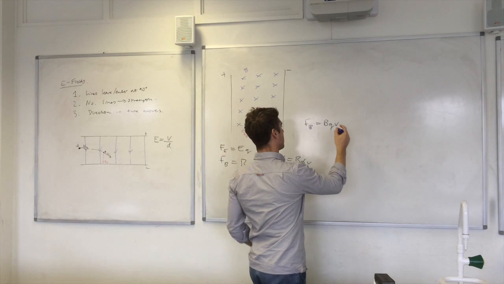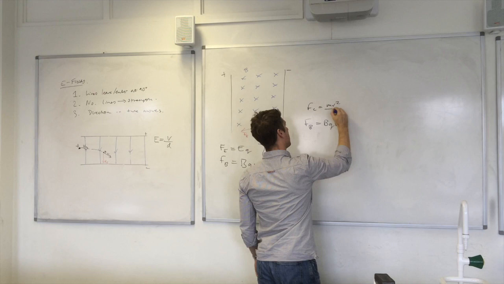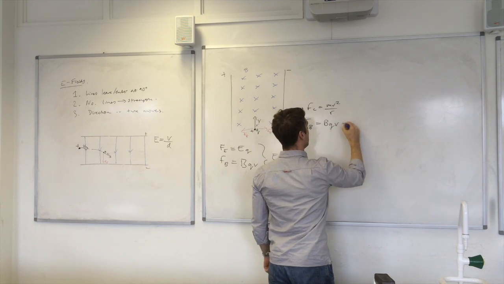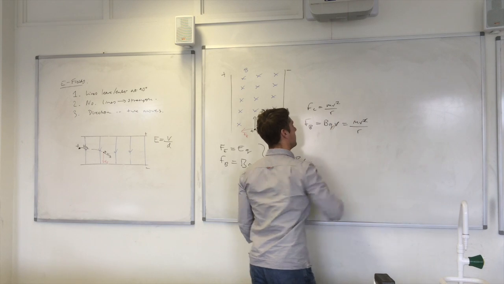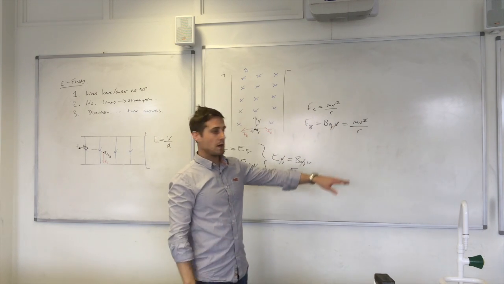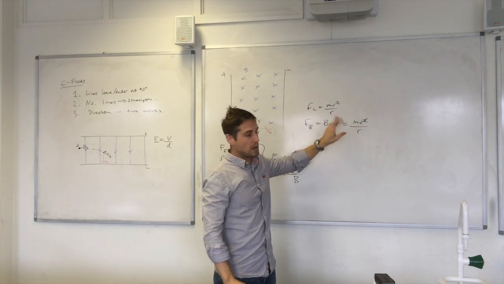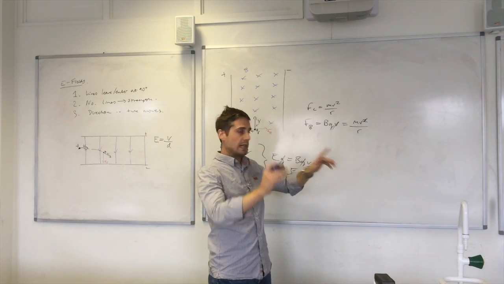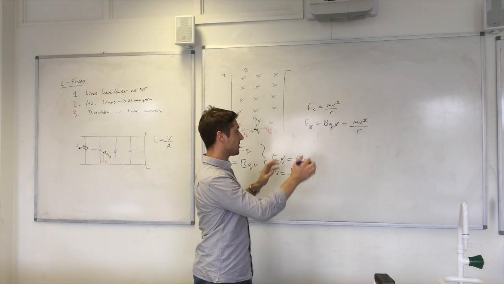In fact, because this is providing the centripetal force, you've got a number of variables. You've got the mass. How you're going to know what you're selecting is by placing your detector at a certain radius of the circle.